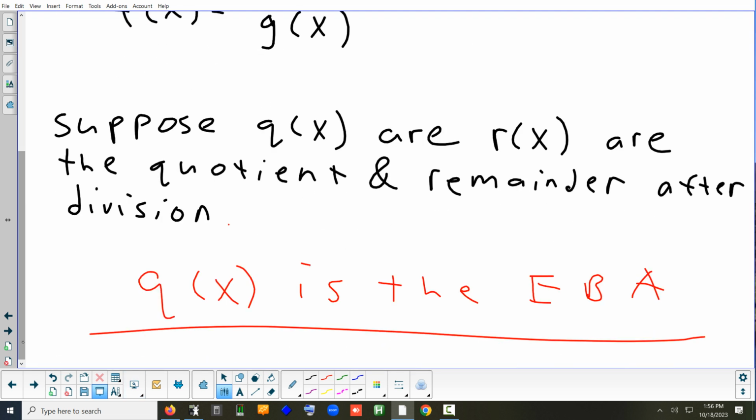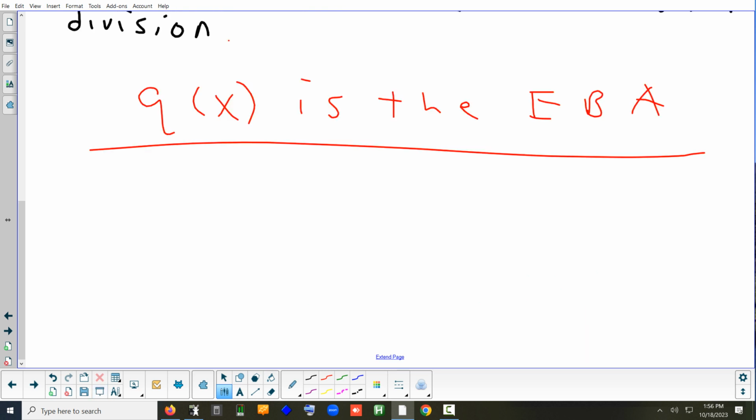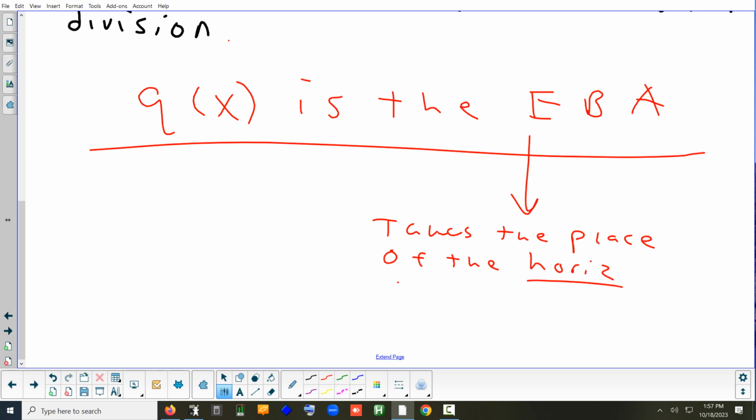Just to be clear what the EBA is, this takes the place of the horizontal asymptote.